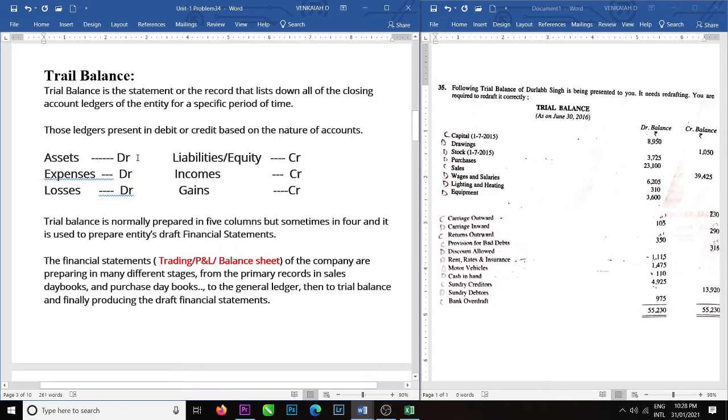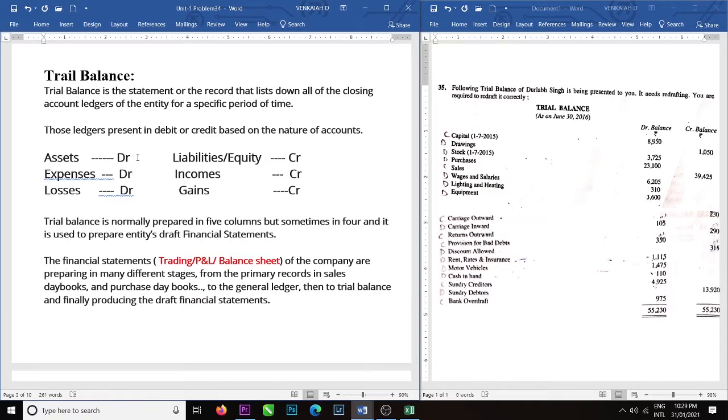Those ledgers are presented in debit and credit based on the nature of accounts. We have three types of accounts, that is personal, real, nominal, and according to the rules, one account is debited, another account is credited. So the balance of assets will be posted on the debit side of trial balance.